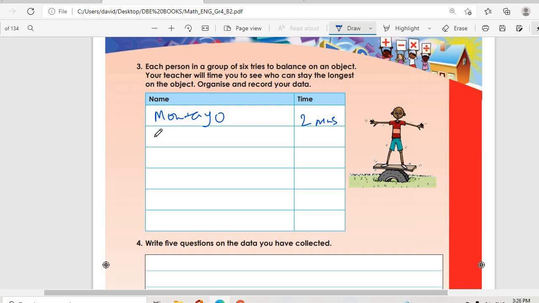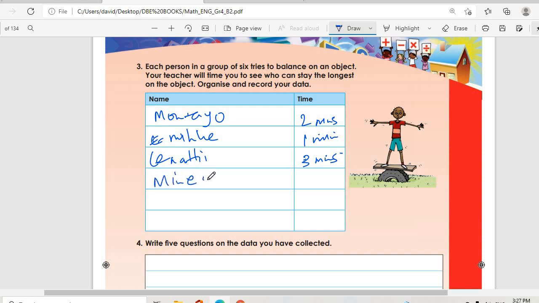Then maybe Emihle, maybe you can say 1 minute. Who else? Maybe we can say Lenati, 3 minutes. So that's what you can do there, on and on until you are done.